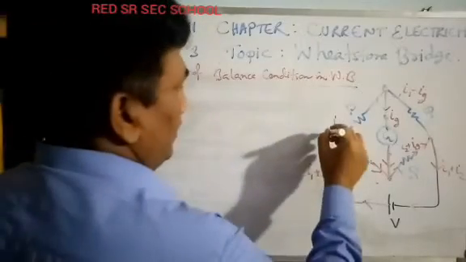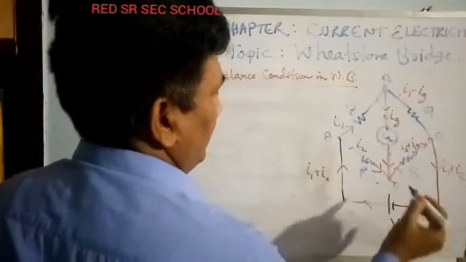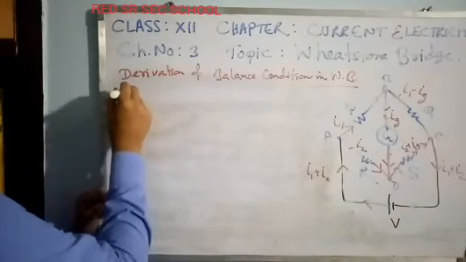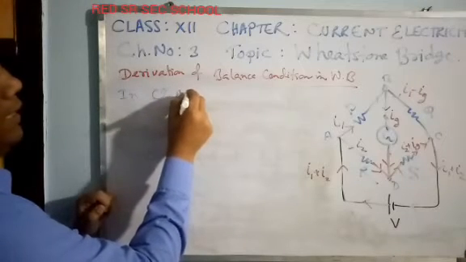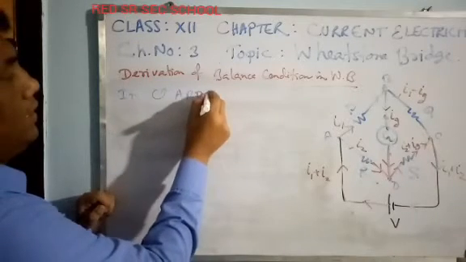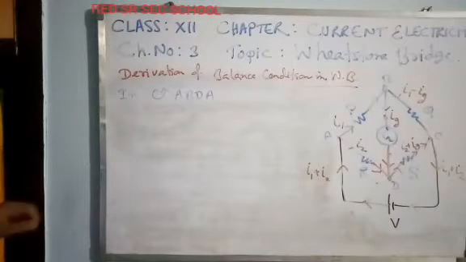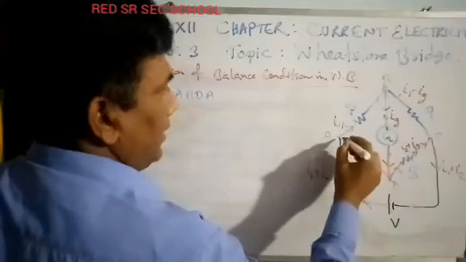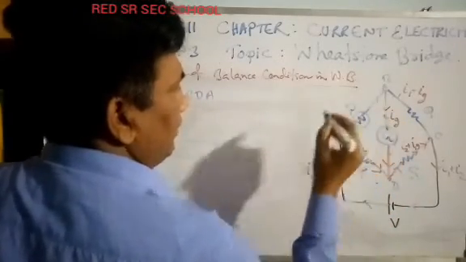Say this is A, B, C, D. In the loop A, B, D, A. Which loop am I talking about? This loop. In the loop, as you go from A, you will see a voltage drop here.